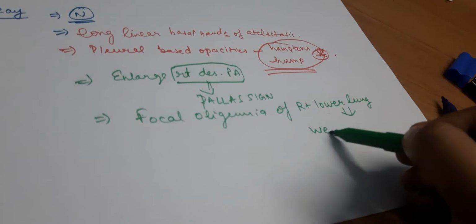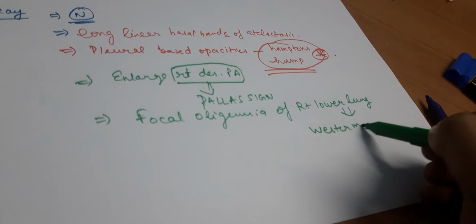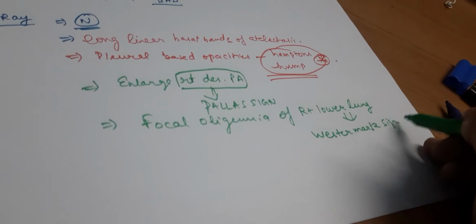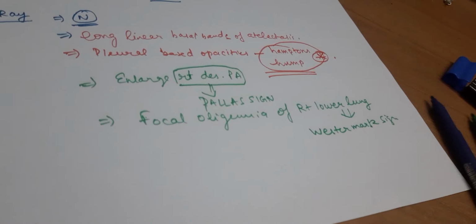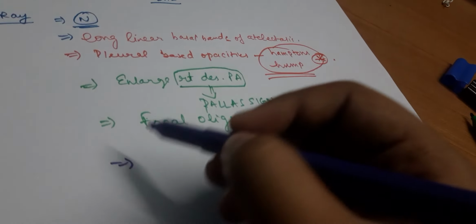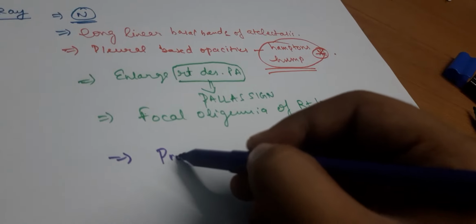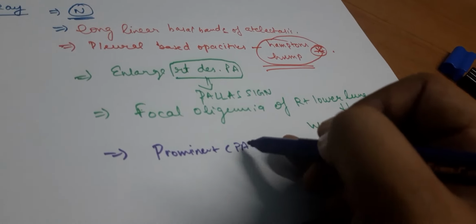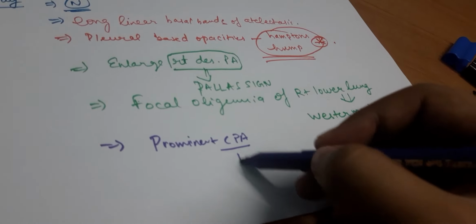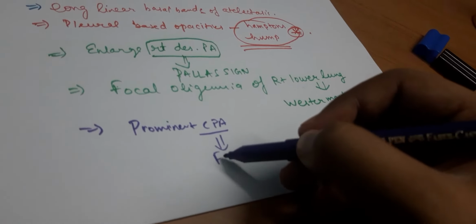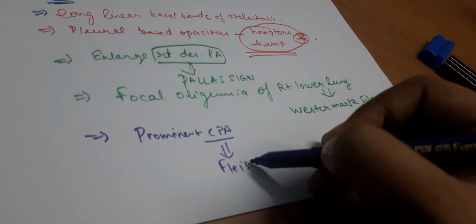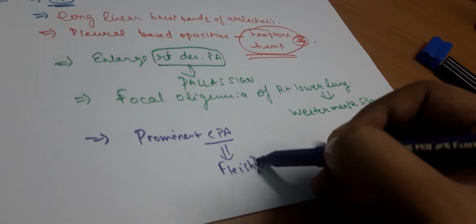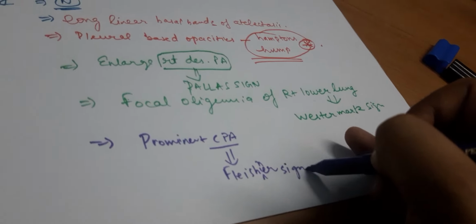This is known as Westermark sign. Okay. And the last very important sign is prominent central pulmonary artery, and this sign is known as Fleischner sign. Okay.